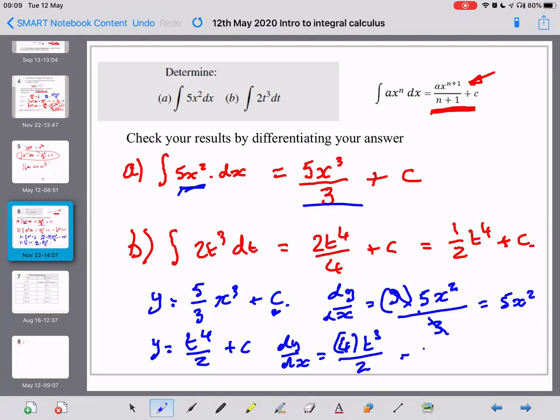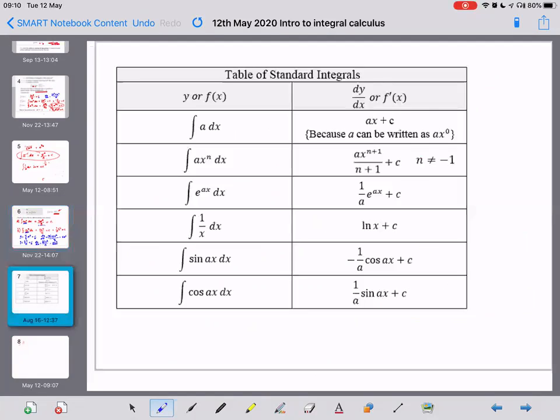And 4 over 2 is 2t cubed. And when we differentiate the constant, it disappears. So we're back where we started. Is that cool? Good. No dissenting voices.